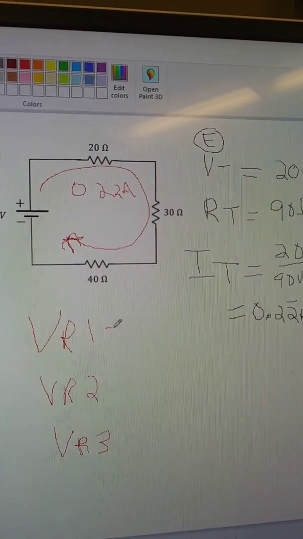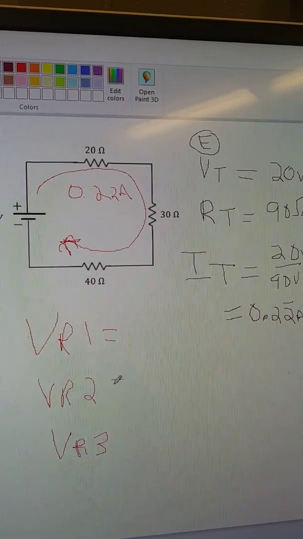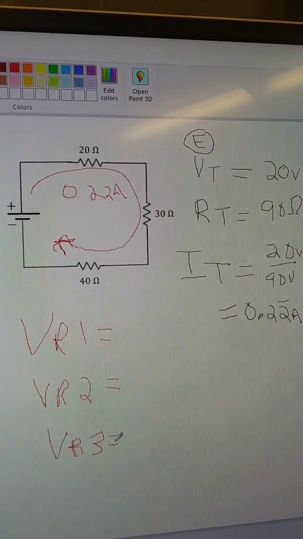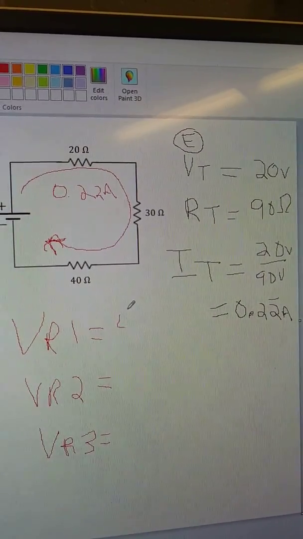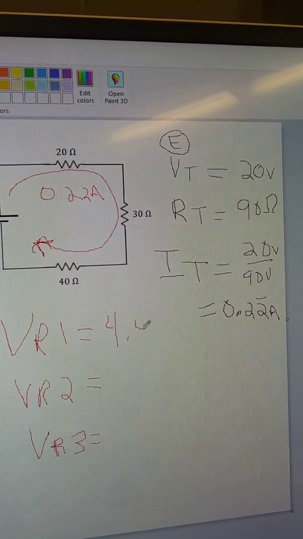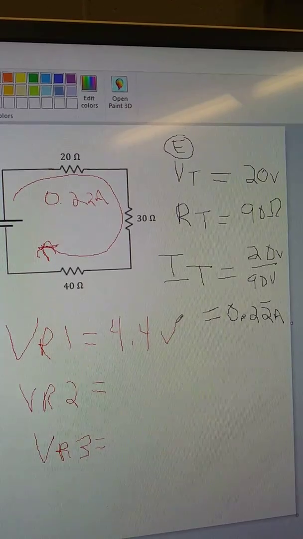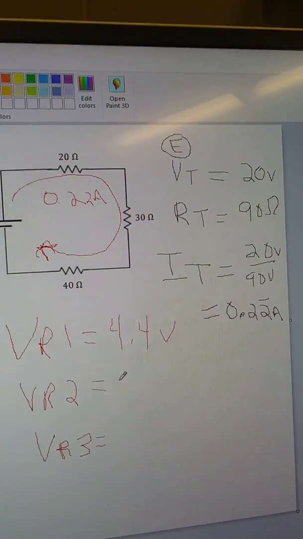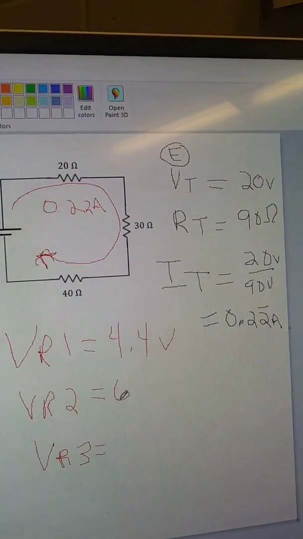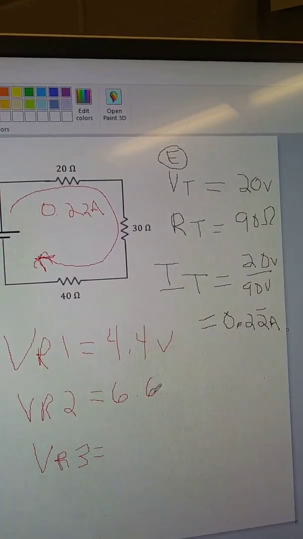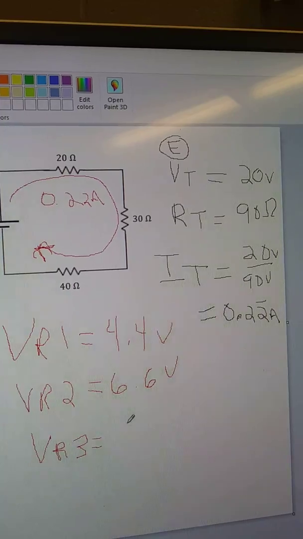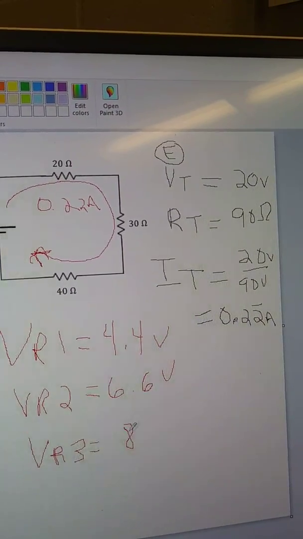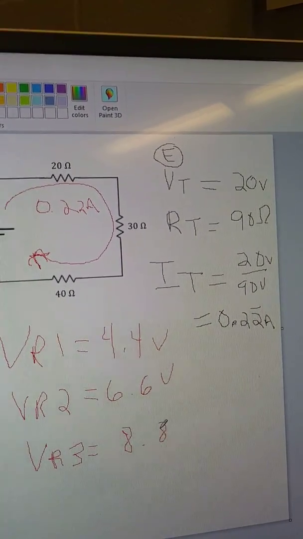All we have to do is take the current through each one, and we know that's 0.22 times 20, so that's going to be 4.4 volts. 0.22 times 30, that's going to be 6.6 volts, and I can do that on the calculator, but so can you. And 40 times 0.22 is 8.8 volts.